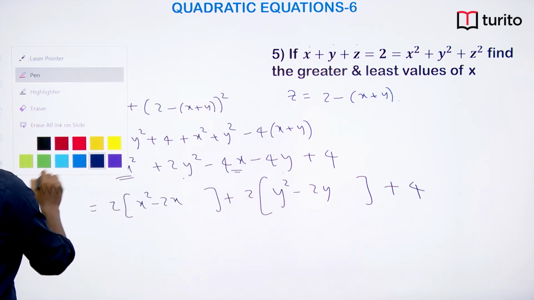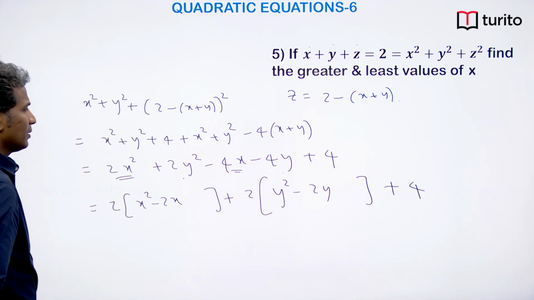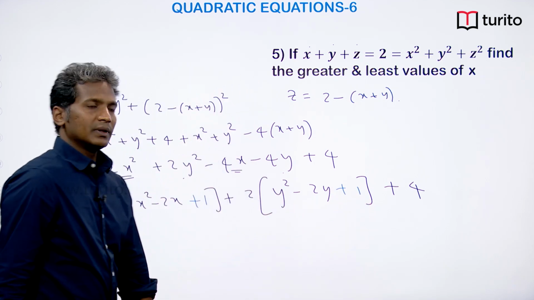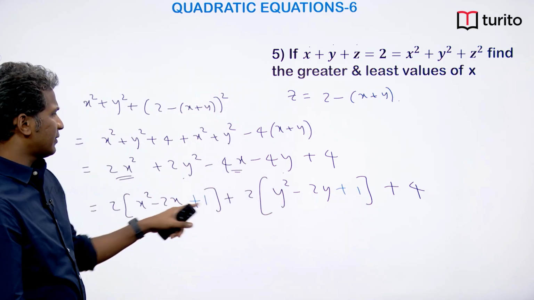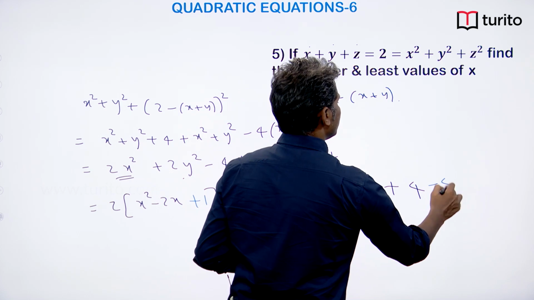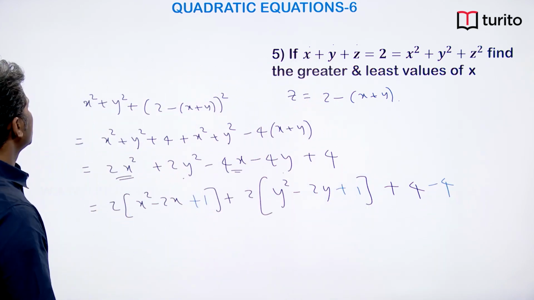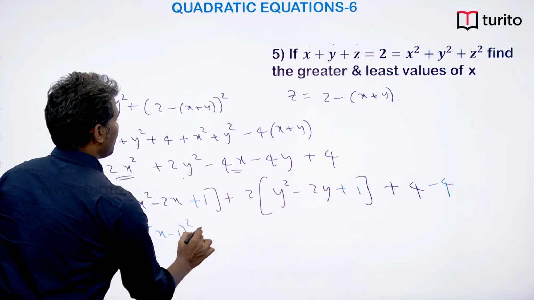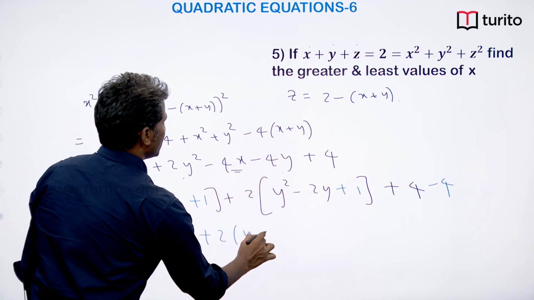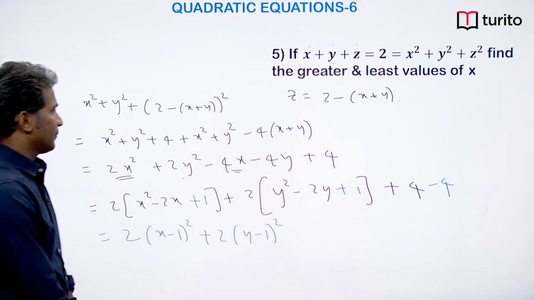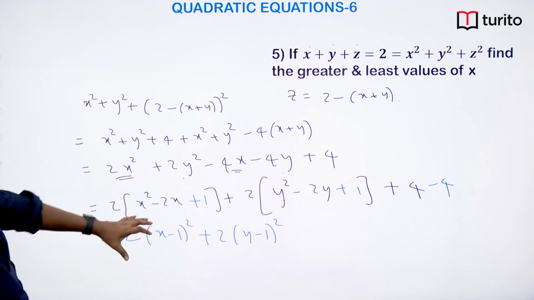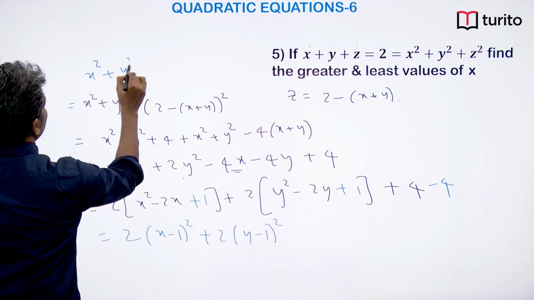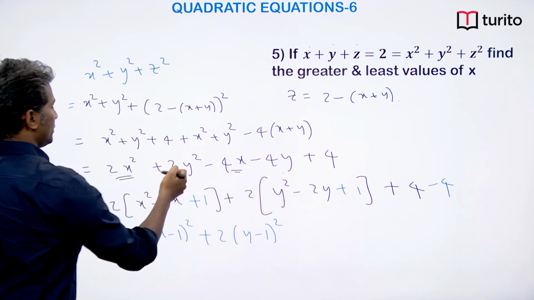Now to convert this into a perfect square, we need to add 1 here and add 1 here. That means effectively I have added 4, so I need to subtract 4 also. So basically this gives me 2 into (x minus 1) whole square plus 2 into (y minus 1) whole square. Basically, what I have done here is x square plus y square plus z square equal to this.